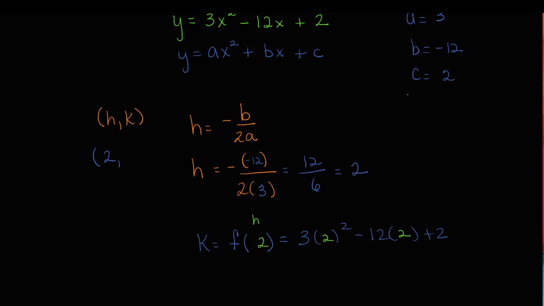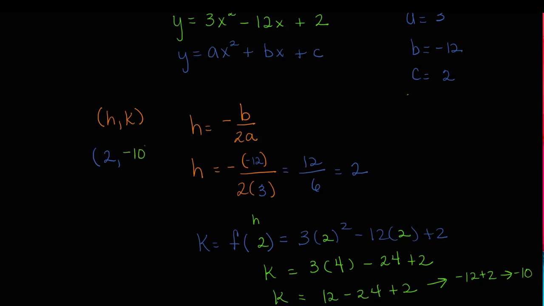Everywhere we saw an x, we're going to put in 2. So k equals 3 times 2 squared, which is 4, minus 2 times 12, which is 24, plus 2. So k equals 12 minus 24 plus 2. 12 minus 24 is negative 12, plus 2, which I believe is negative 10.